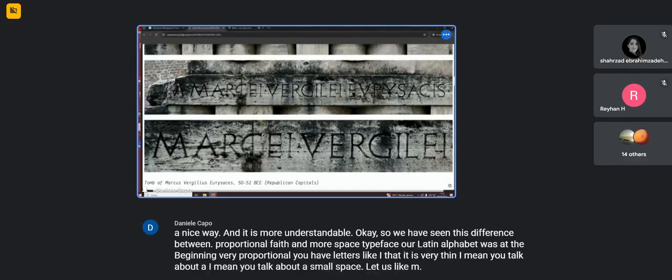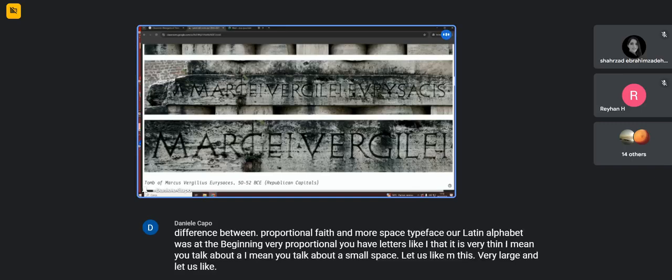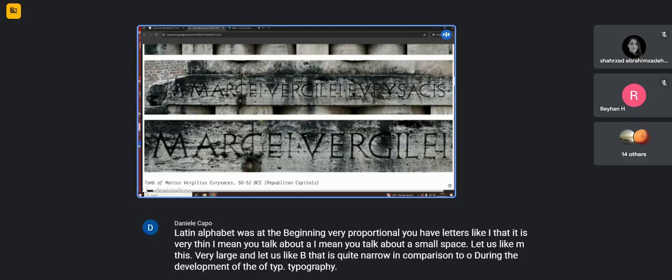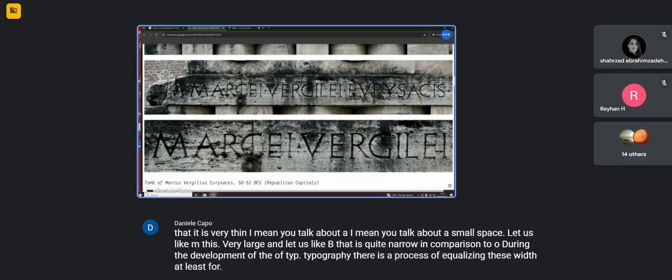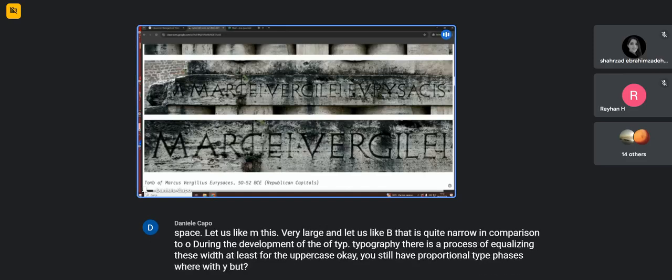Letters like M that is very large, and letters like B that is quite narrow in comparison to O. During the development of typography, there is a process of equalizing this width, at least for the uppercase. Okay, you still have proportional typefaces where widths vary, but there is a tendency toward the uniformization of this width.